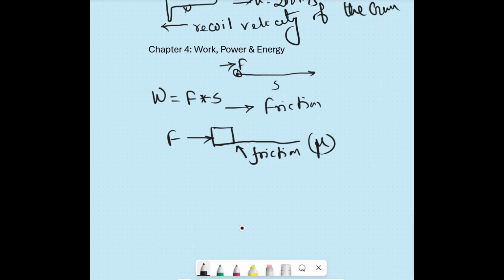Afterward, there are very important topics within this chapter, that is power and energy. So energy is actually of two types. One is potential energy, another one is kinetic energy.